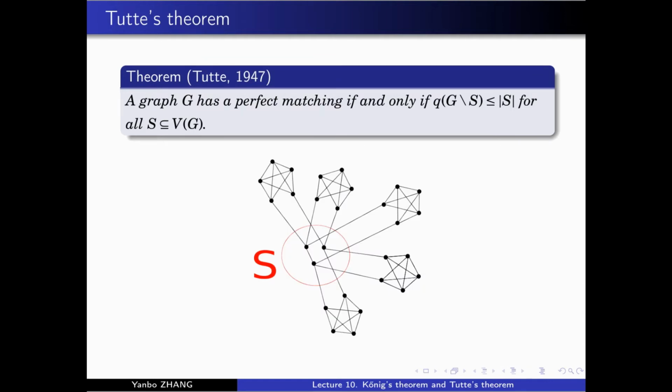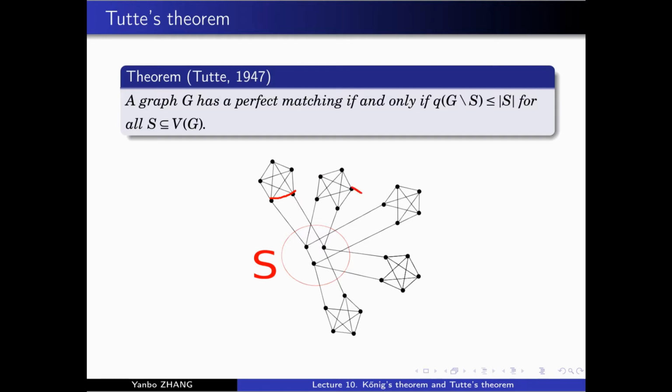If we add one edge e whose ends are in the same component, this new graph is called G', then q(G' - S) equals q(G - S). The number of odd components does not change.